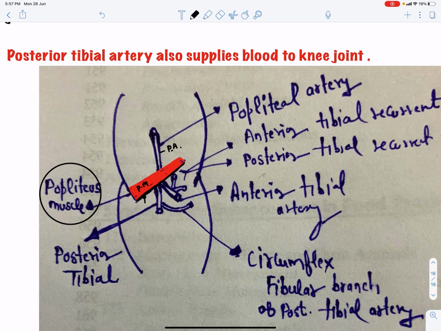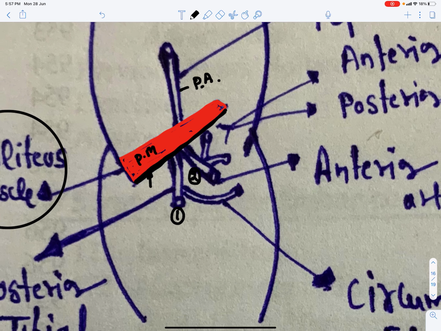So at the lower border of the popliteal muscle, the popliteal artery divides into 2 terminal branches. This is first and this is second. How many branches? 2 terminal branches.